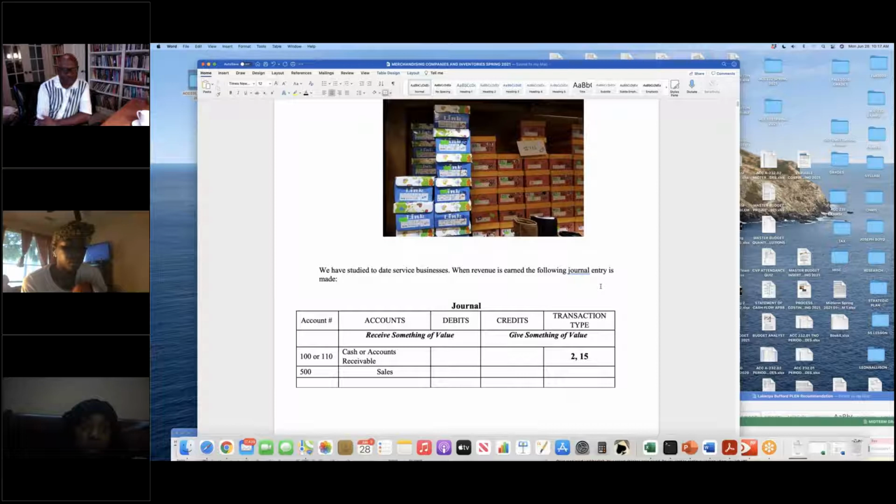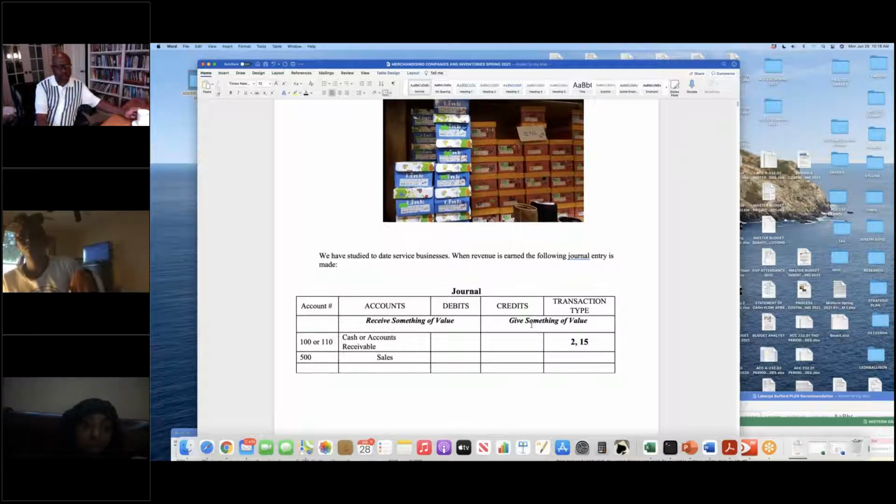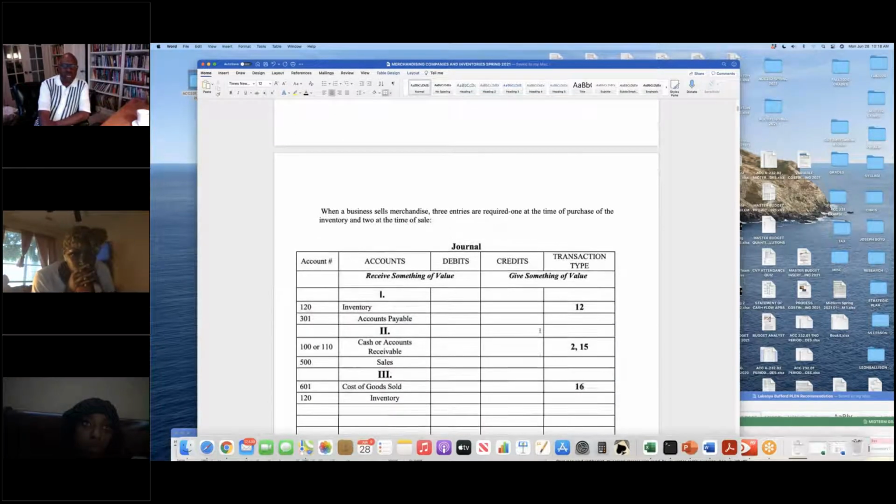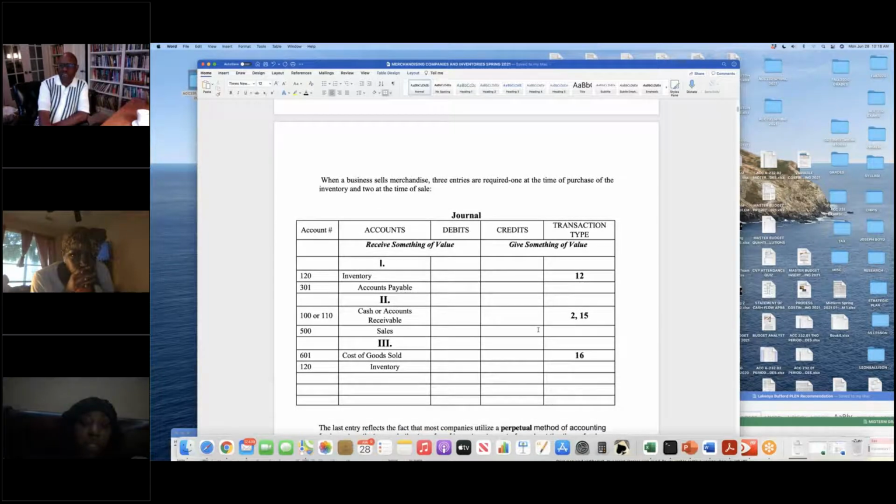When we had our rental car company, when we received revenue, we debited cash or accounts receivable and we credited sales. That's the only entry we had to make. Now, when we get ready to sell inventory, there are 3 entries that have to be made.